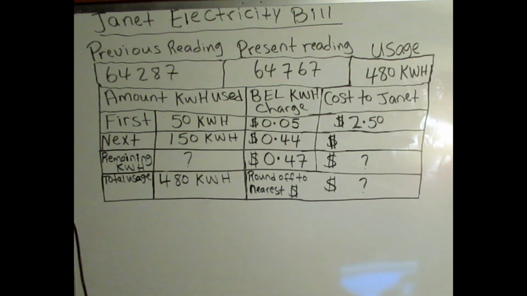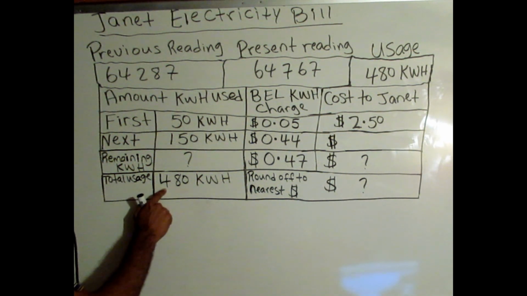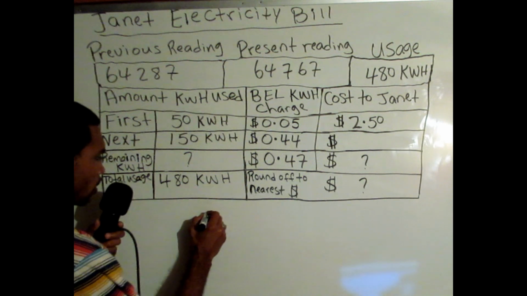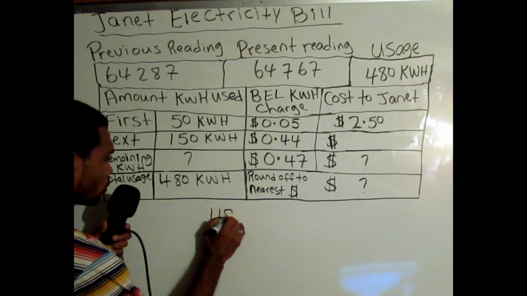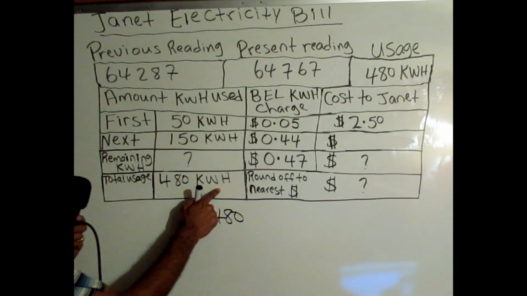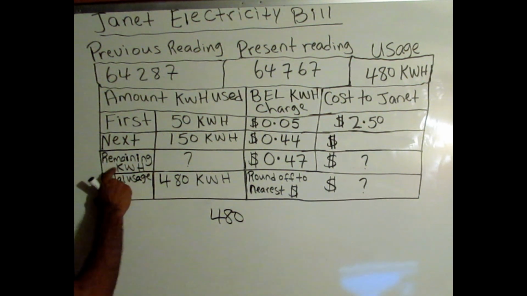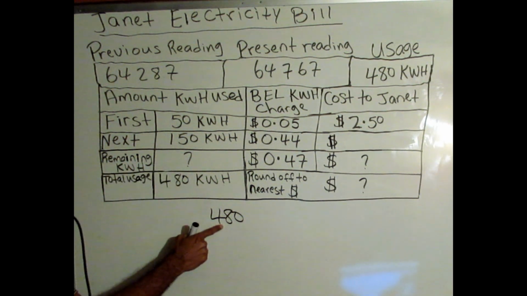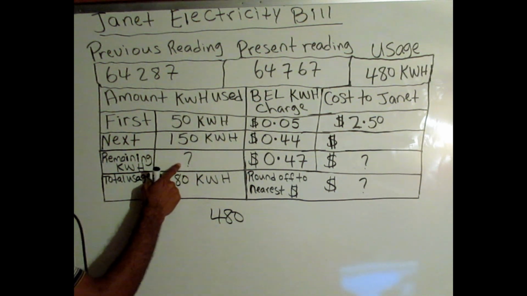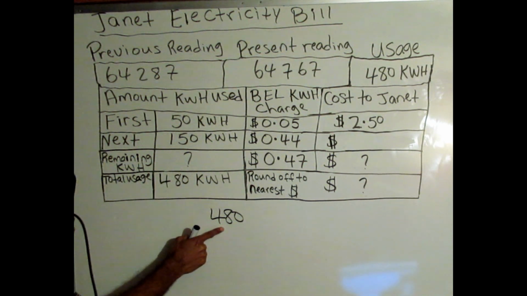But the remaining, we don't know what the remaining is. In order for us to find the remaining for a problem like this, we just have to subtract from our total. The problem says that Janet used 480 kilowatt hours, and we want to find the remaining using this. We need to subtract from the total of 480 that Janet used.